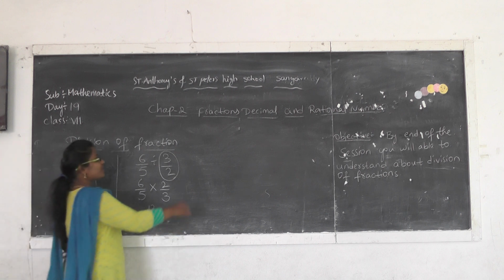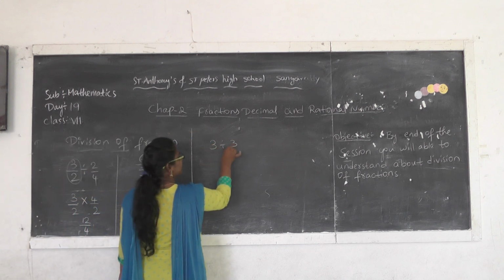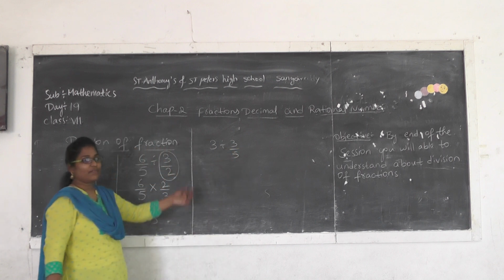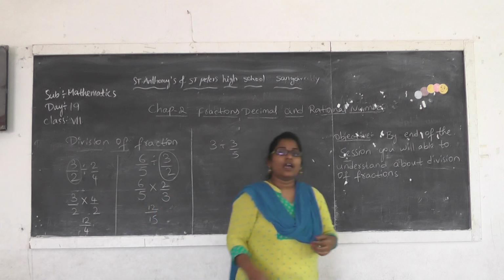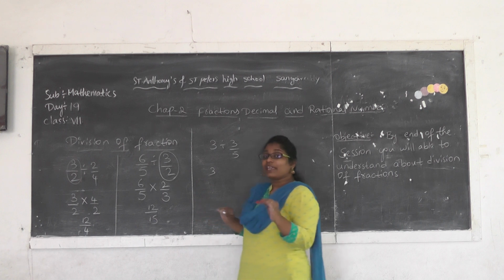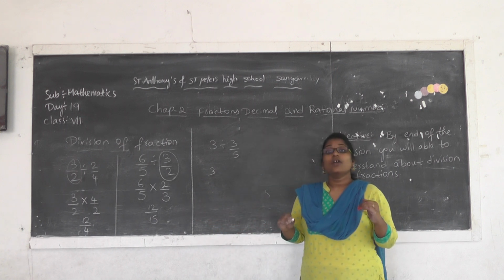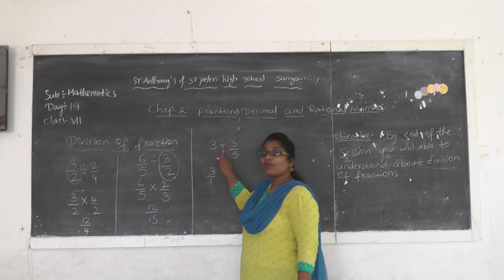In some situations we have to divide a whole number by a fraction. Here 3 is a whole number, and we divide it by a fraction. We follow the same process. 3 as it is you have to write. If any number is not in the denominator, we have to consider it as 1, so 3 by 1. How will we convert the division?